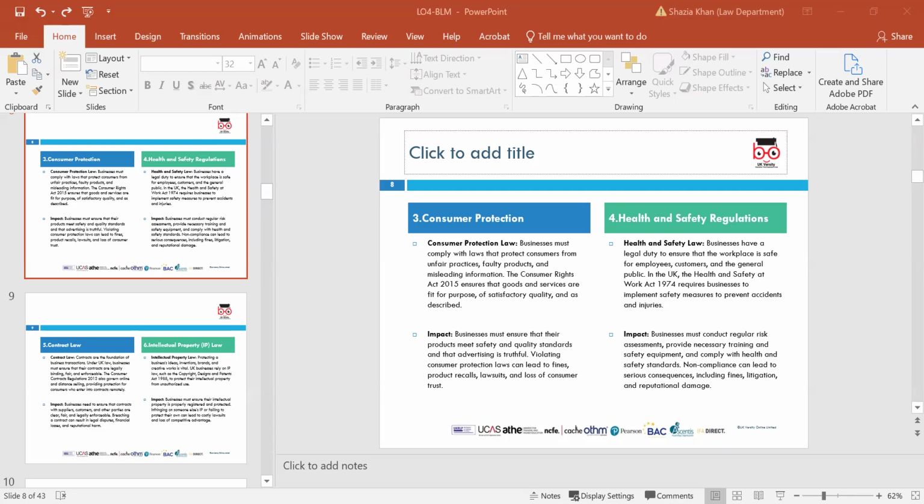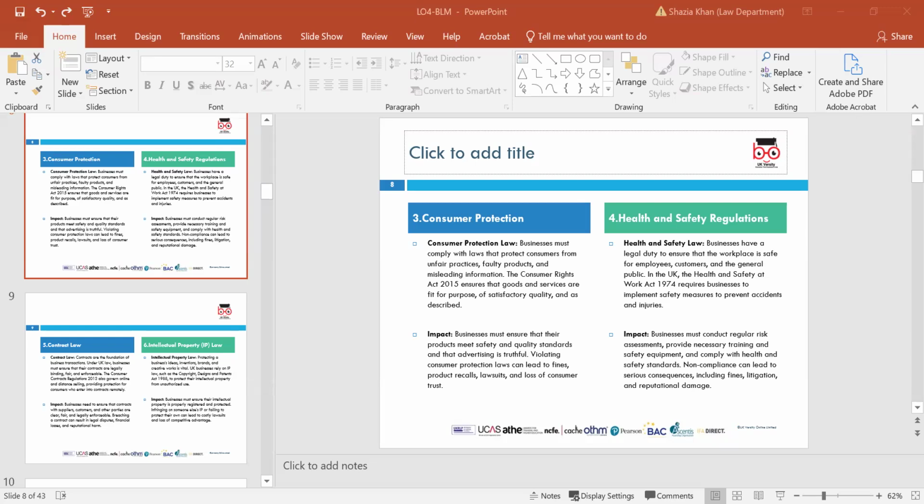These laws cover product safety, fair trading, accurate pricing, and consumer rights under the Consumer Rights Act 2015. Ignoring these regulations can lead to penalties and damage the reputation. Businesses must make sure that they follow these regulations and meet the standards of products.